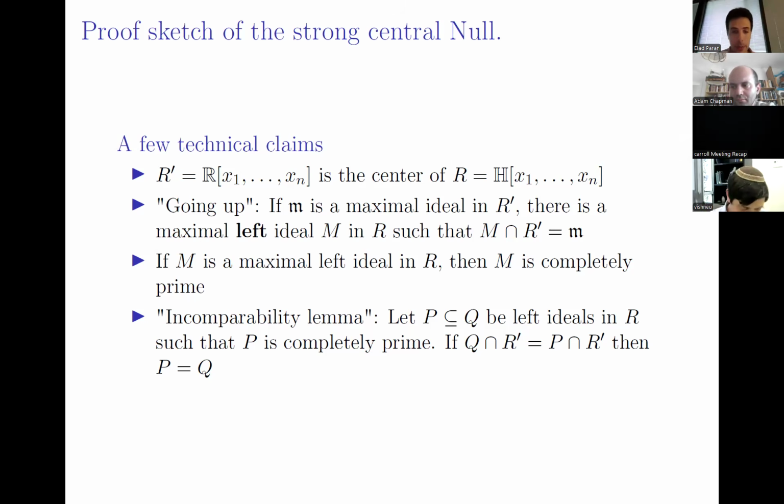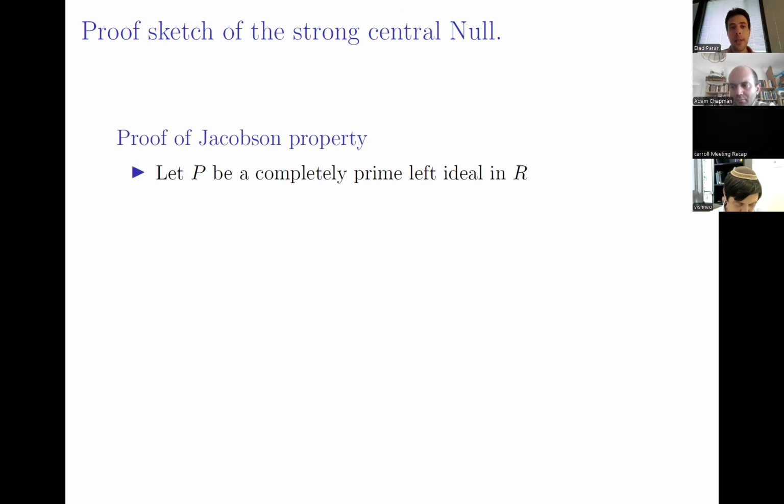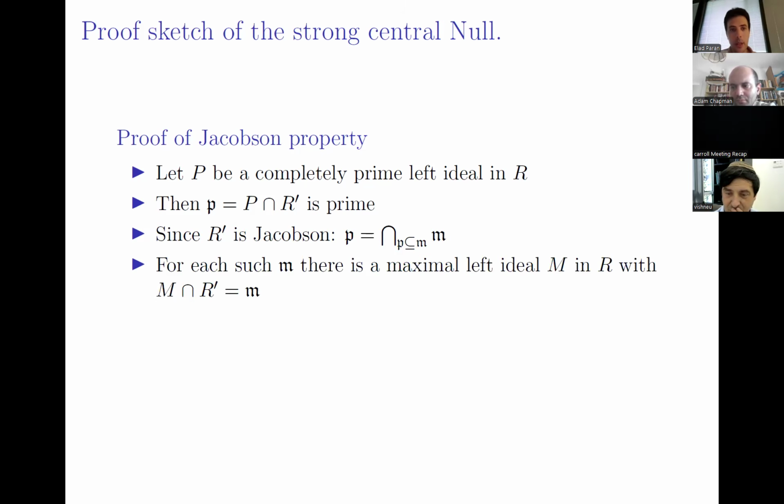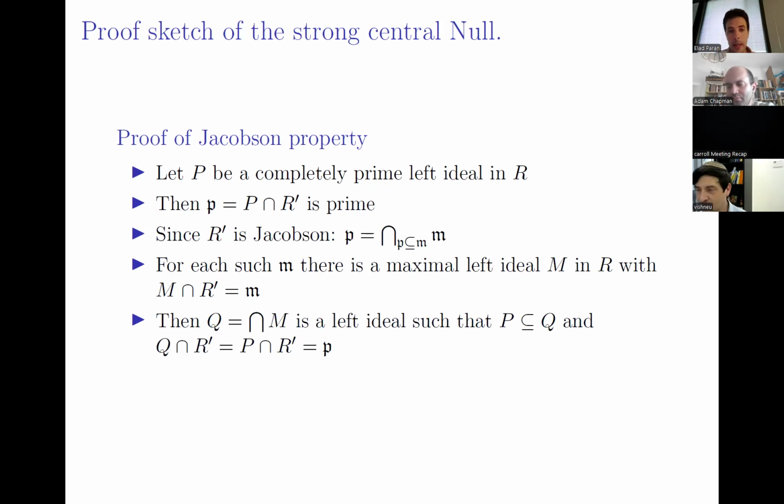Or first, the Jacobson property. We start out with the completely prime left ideal P, and then we contract it to the center. We call that little p. Now, since the center is a Jacobson ring, we know that this little p is the intersection of the maximal ideals in R prime containing p. By the going up lemma, every one of these maximal ideals lies beneath a corresponding maximal left ideal M in the ring R. Then you consider the intersection of all of these ideals, Q. This gives you a left ideal Q containing P, such that both of them agree on the center.